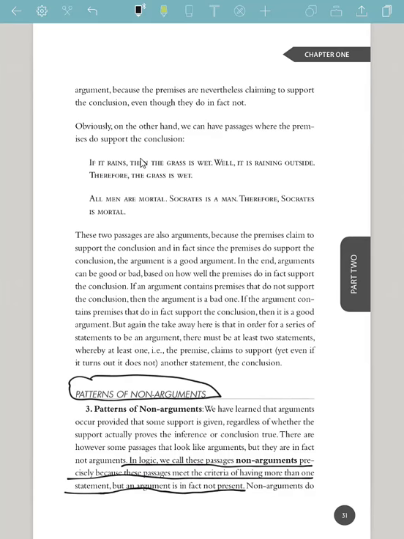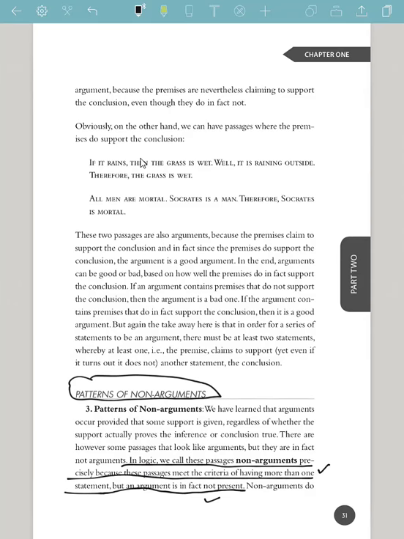But this particular definition is a little bit misleading, because it says these passages meet the criteria of having more than one statement, but an argument is not in fact present. Now, what that means is you actually can have one statement, but typically that doesn't meet a pattern of non-argument, precisely because it's a type of statement.